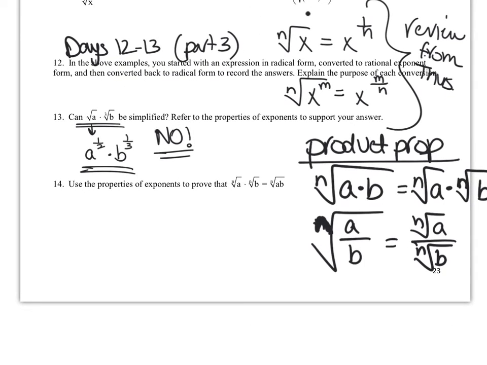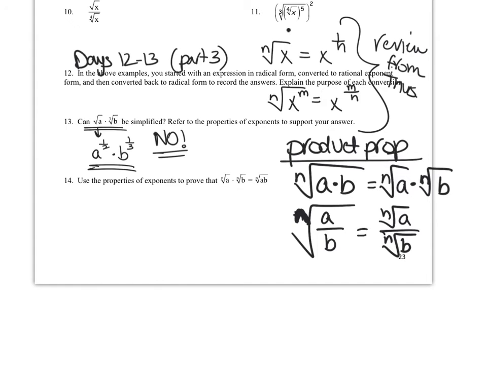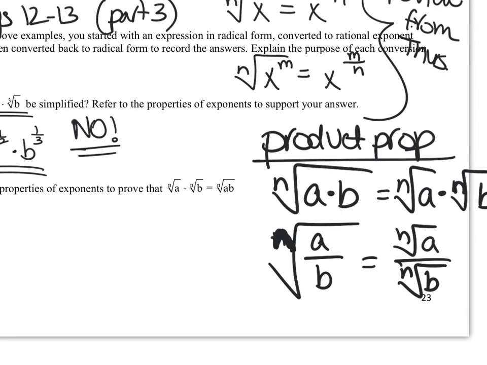So in 14, it says use the properties of exponents to prove that that is true. So right here in 14, we're proving that that product property that I just reviewed with you is true. The way you can do that is, it's probably easier to show working with the right side. This is the same thing as AB to the 1 over nth power, right?